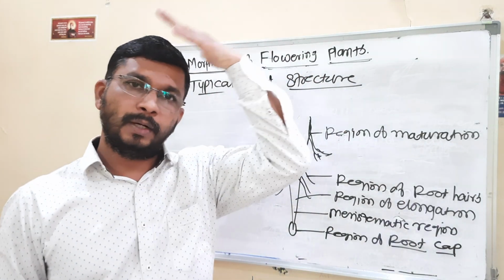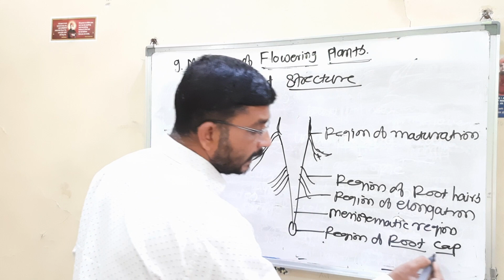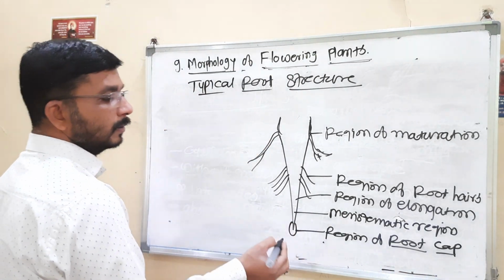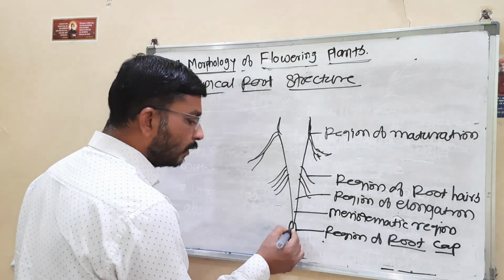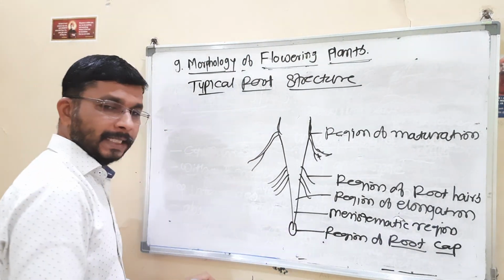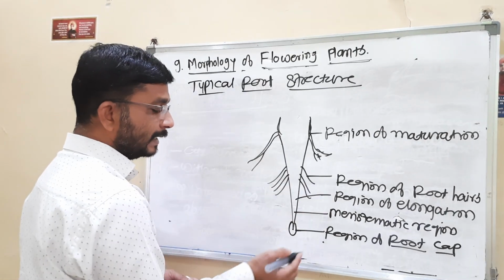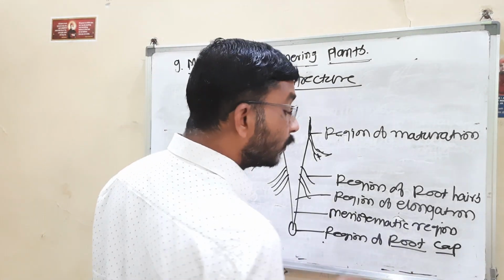To protect our head. Like that, the region of root cap protects the inner meristematic cells from any damage. That's why we call this the region of root cap.